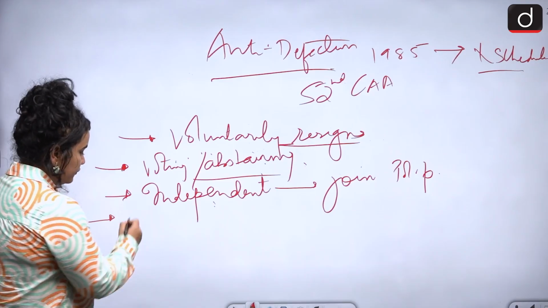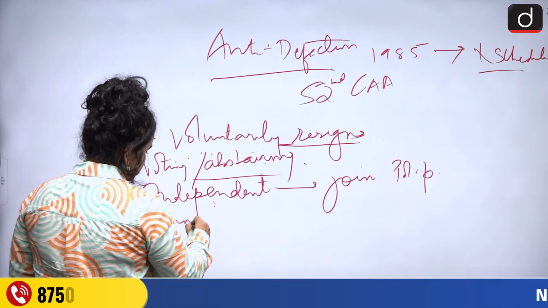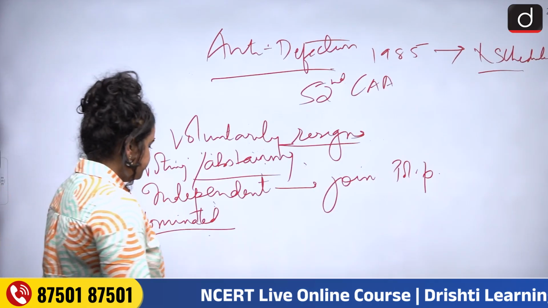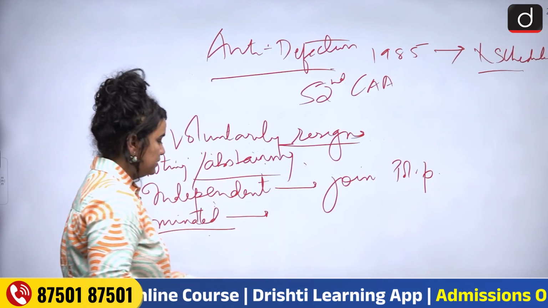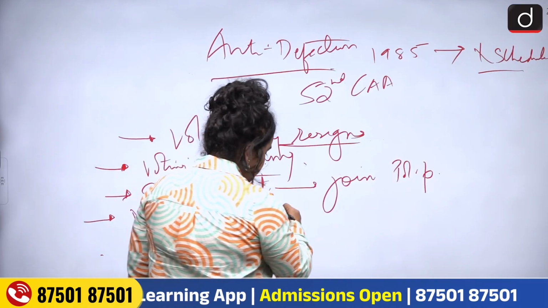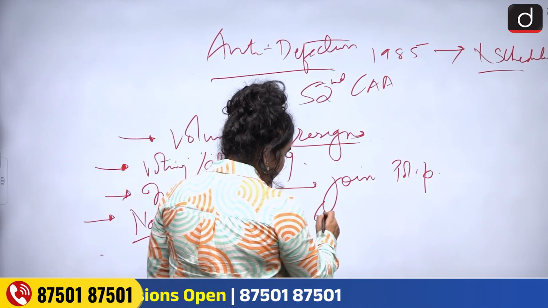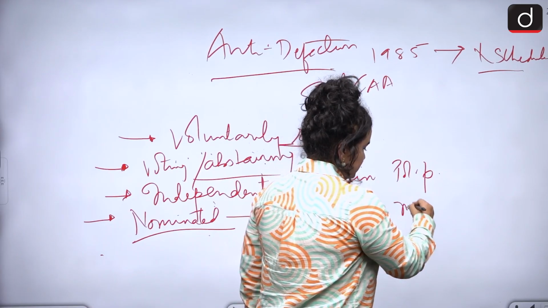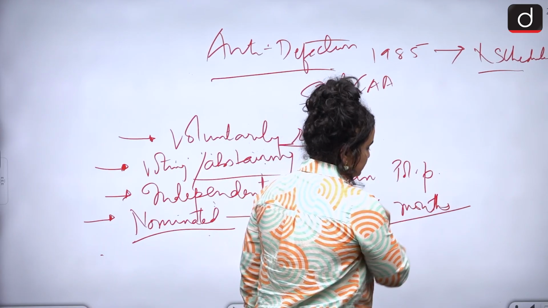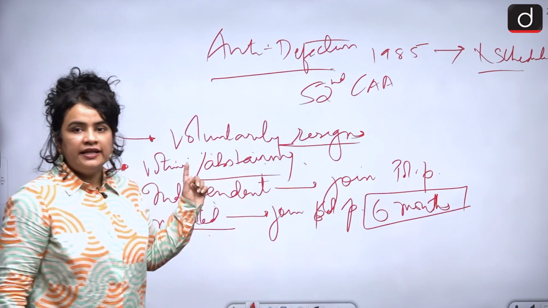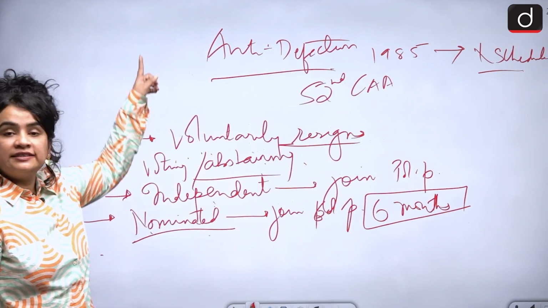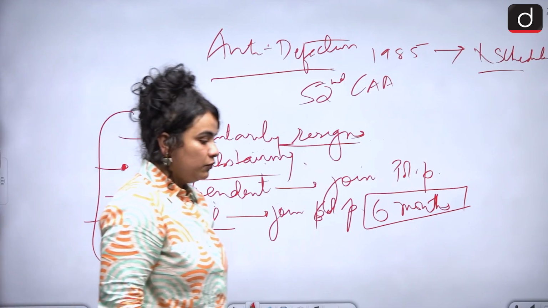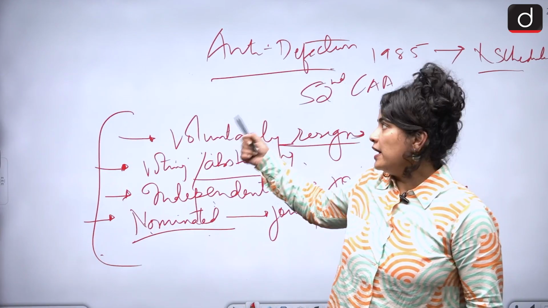Finally, if a nominated member of the Legislative Assembly chooses to join a political party after 6 months of his or her election, then this would also be considered as defection. These are 4 criteria where this anti-defection law would apply.